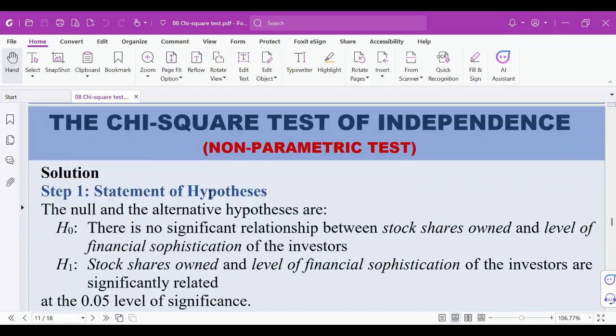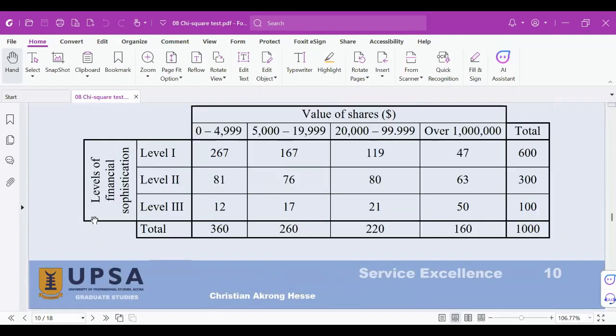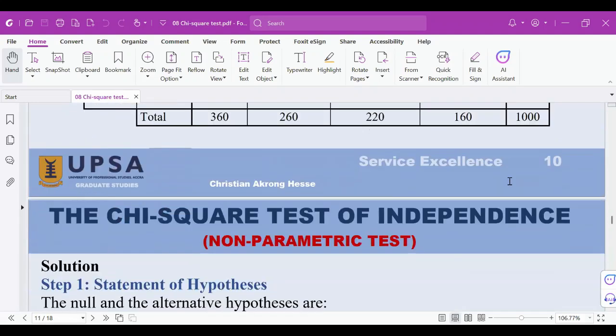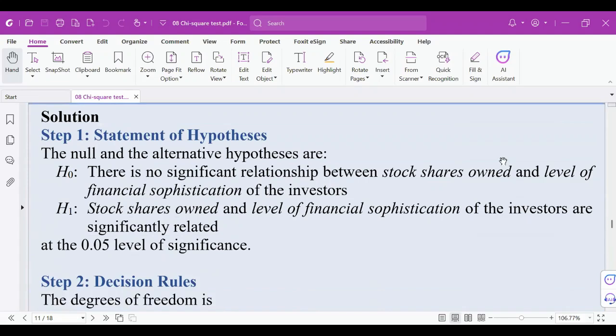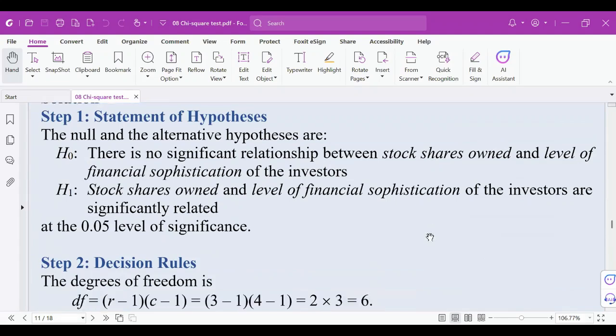There are two variables: level of financial sophistication of investors and the value of share. You want to determine whether there is a significant association between the two. This was also a past question. So you write your H0 and you write your H1.